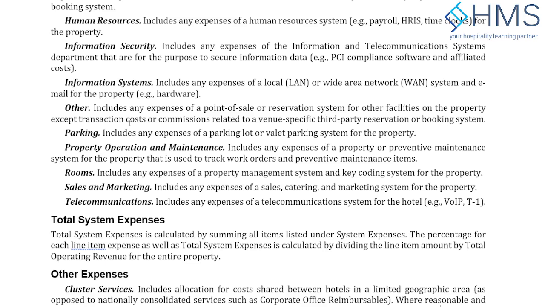Then you have property operation and maintenance, which is mostly for the work orders and also the building management systems. Then you have sales and marketing. The sales and marketing includes only the system of the property, not the revenue, which is commission based on the revenue. It's a fixed fee.